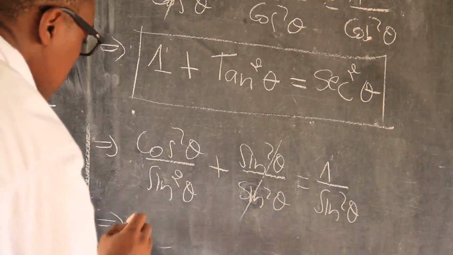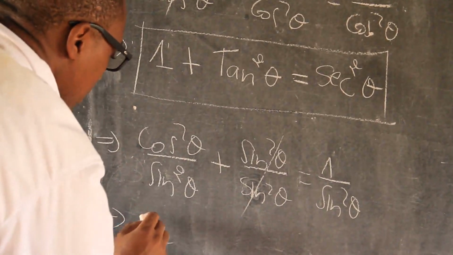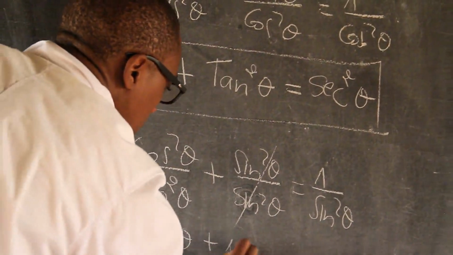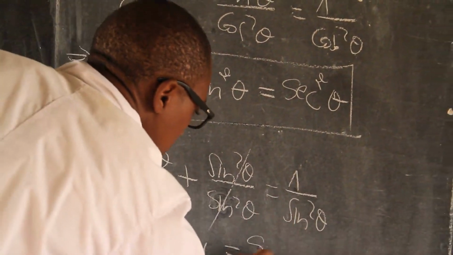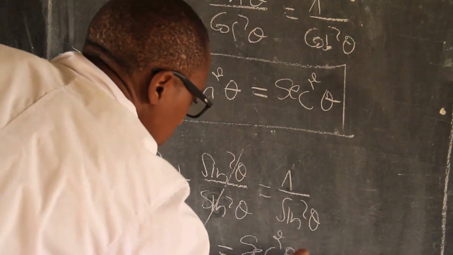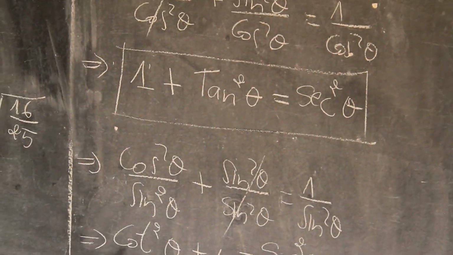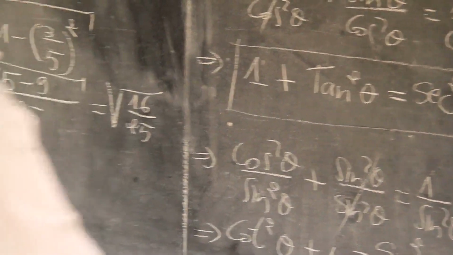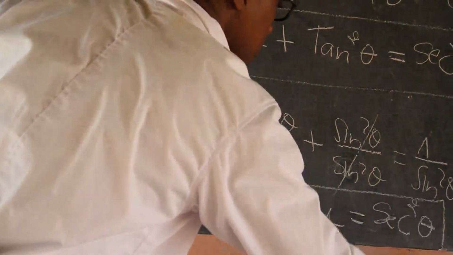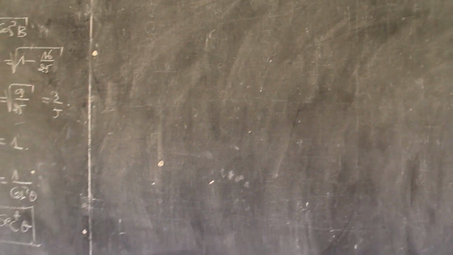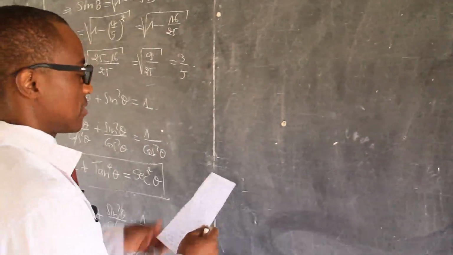So cos over sine will be cot squared, plus 1, it is cosec squared. Alright. So this also is a very important formula. So we can use those formulas from Pythagoras to prove those.